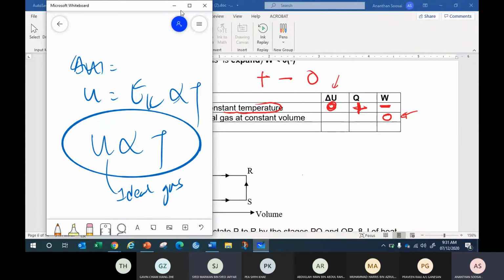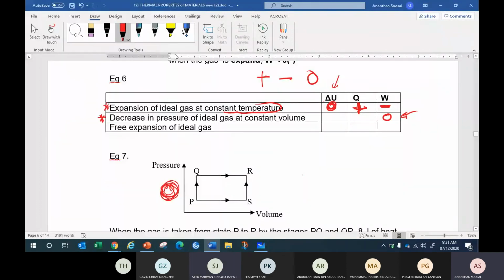So tell me, temperature dropping or rising? Decrease in pressure of ideal gas at constant volume. Pressure decreases, constant volume. You have to use your gas law. What happened to temperature when pressure dropped?